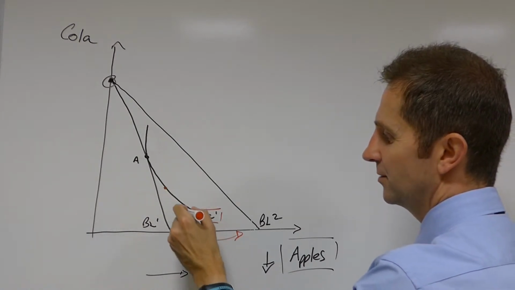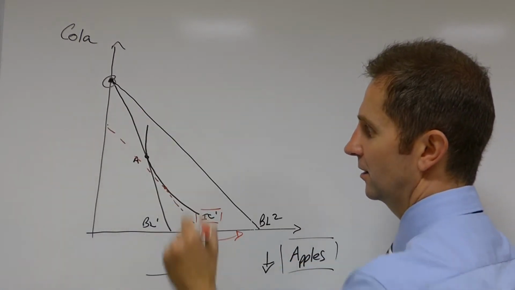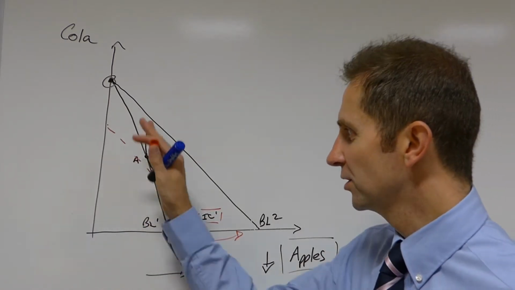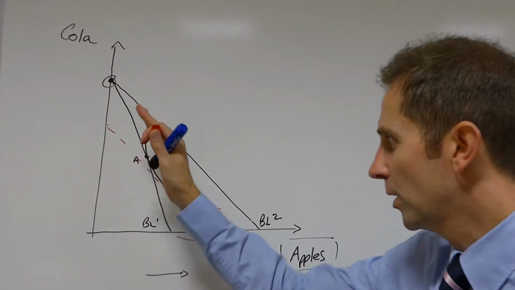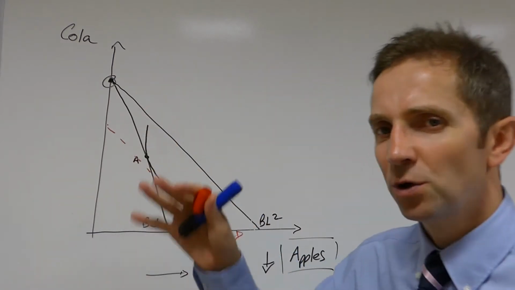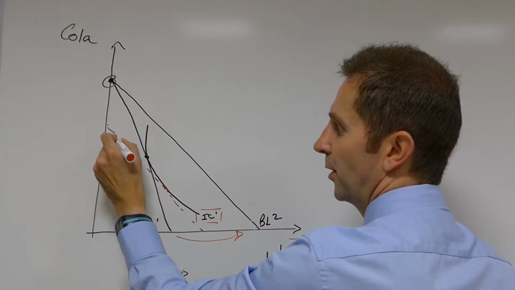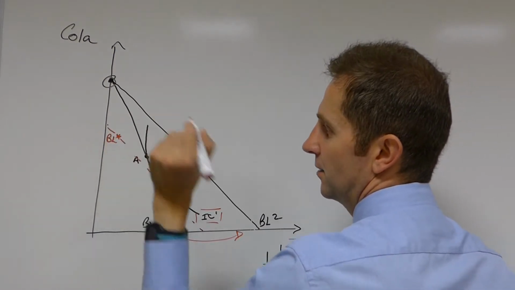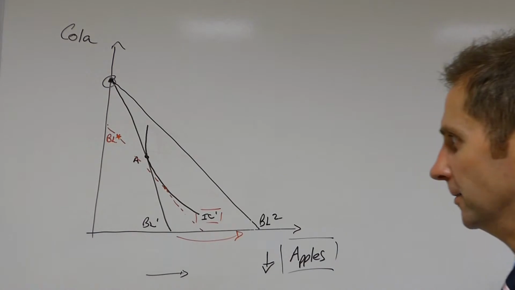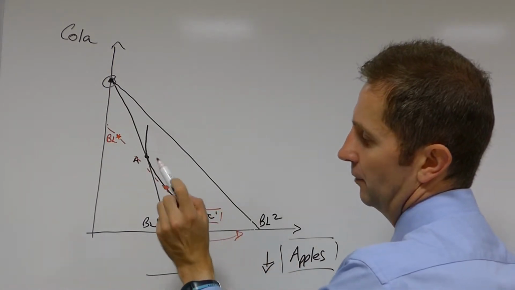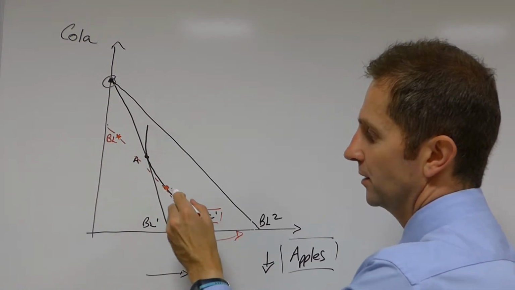Now these diagrams are a little bit of trial and error to get right. If you do this once and maybe the indifference curve's not quite flat enough or steep enough, just alter it. You will get there in the end. It really is, practice makes perfect on these. So that's your shadow budget line. And you can see we've got a new equilibrium point here, which we're going to call point C.